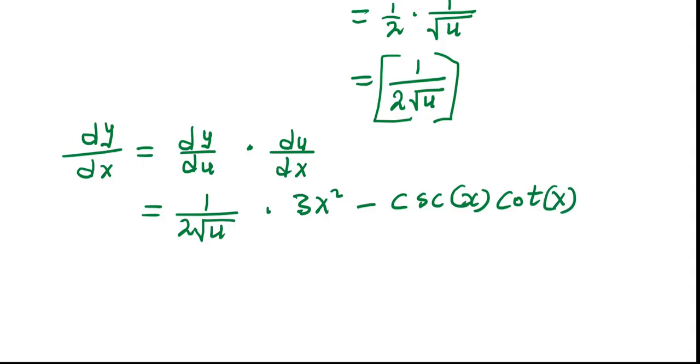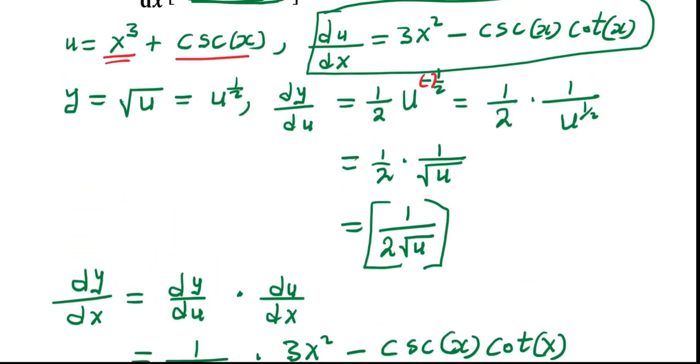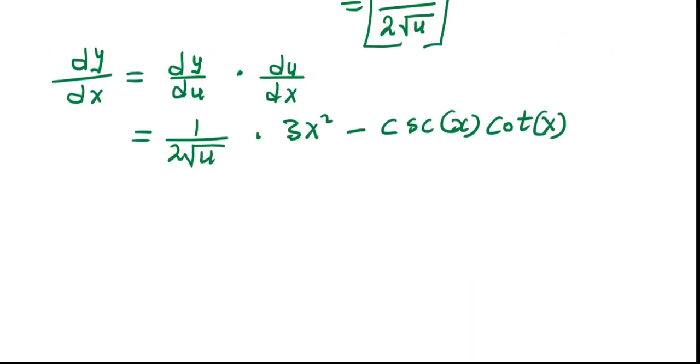Remember that we said u is equal to this. So we are going to replace u with x cubed plus cosecant x. So let's bring it back here.